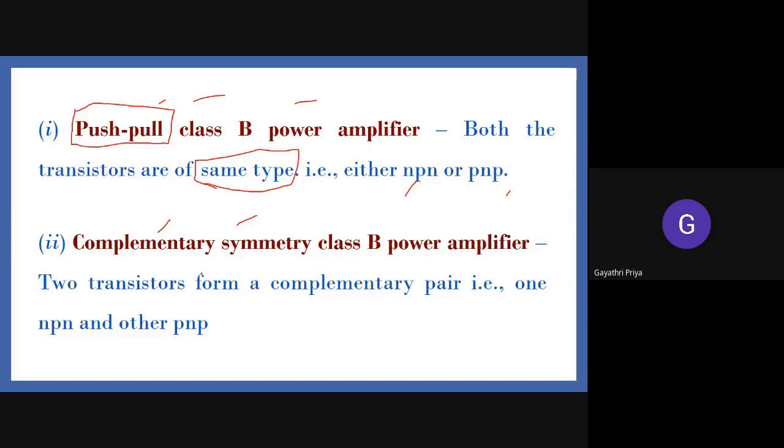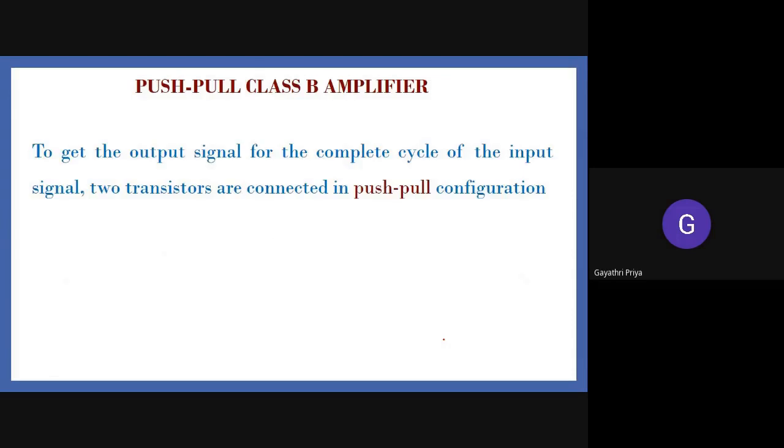All other parameters are matched, but if one is in the plus, we get it in the minus. That is the complementary symmetry Class B power amplifier. One transistor will be NPN, the other will be PNP. Now let us concentrate on the push-pull Class B power amplifier.